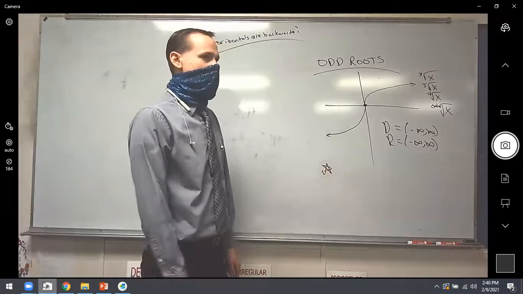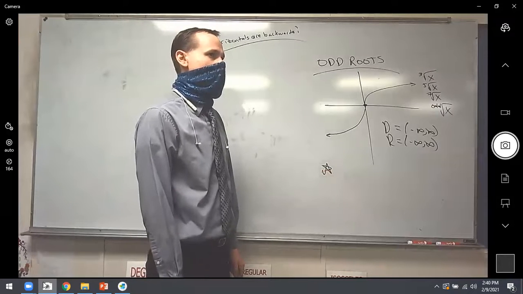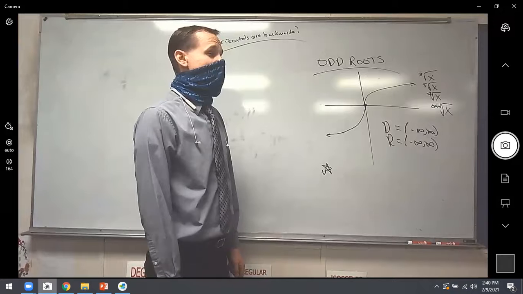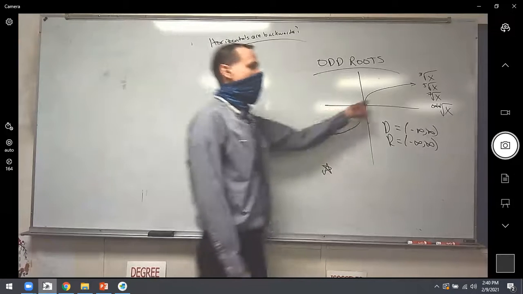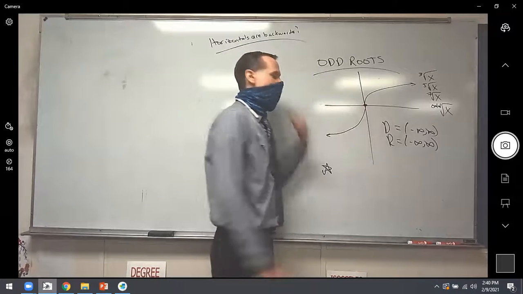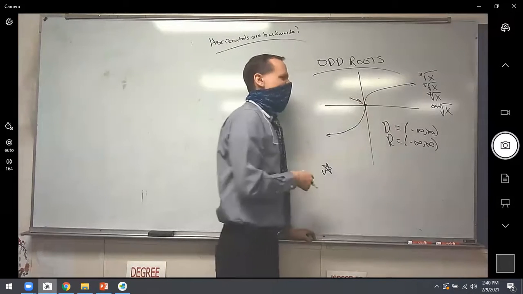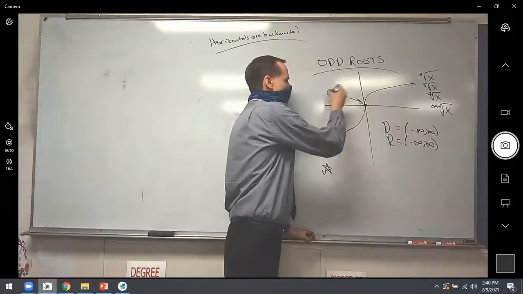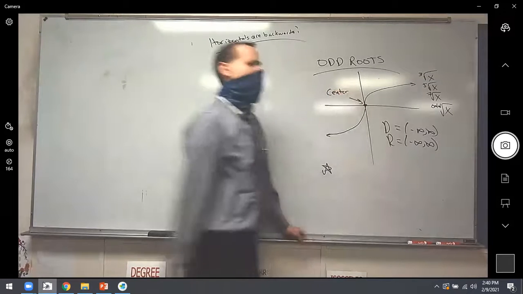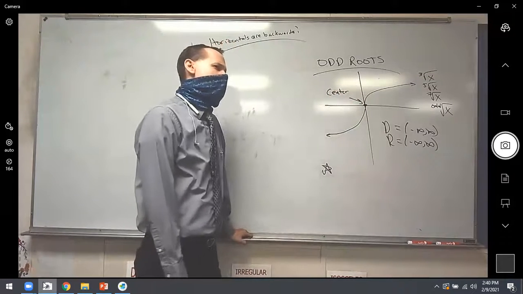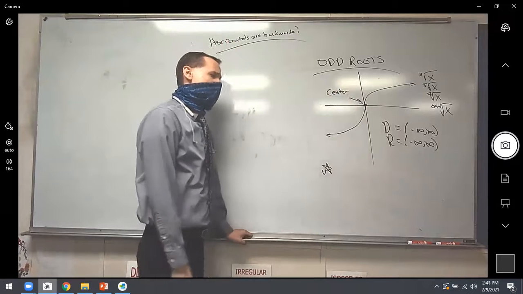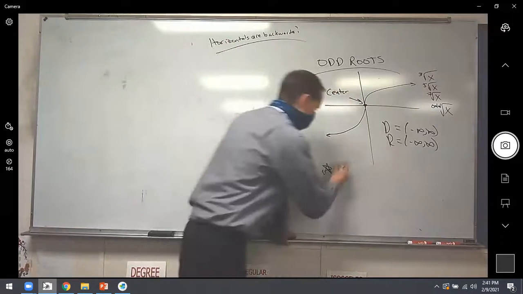And here's your note on how to deal with moving around odd roots. It's going to be the same exact note as the even degrees. We move the vertex around there, correct? Well, this isn't really a vertex anymore, is it? I'll give it a name. I'll call it the center. I'm making that up. Call it Bob if you feel. I don't care. But the same logic's going to apply.